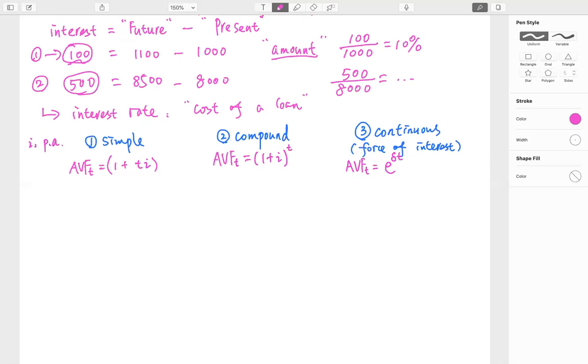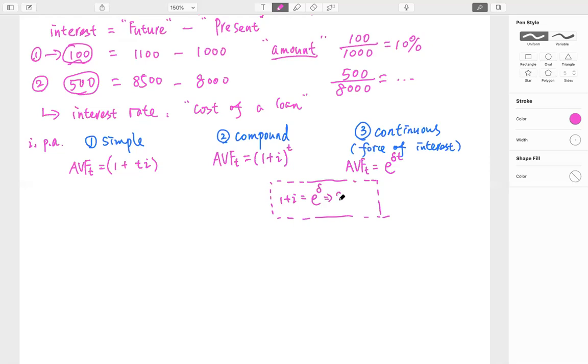How do we equate them between I and delta? So you simply take t to be 1, right? Let's do a little calculation down here. I put a little box. In order to equate compound to continuous, we take t to be 1, then we have 1 plus I equals e to the delta, right?